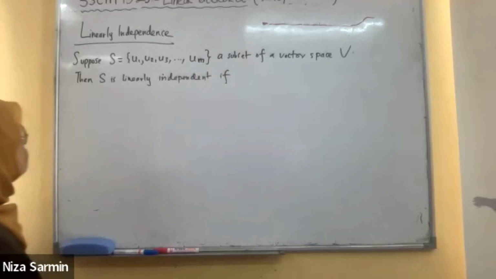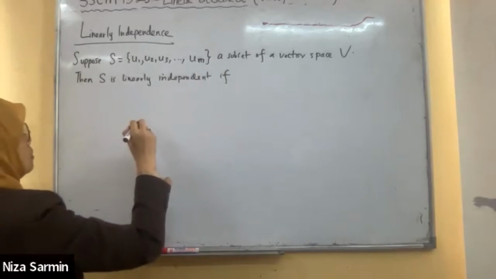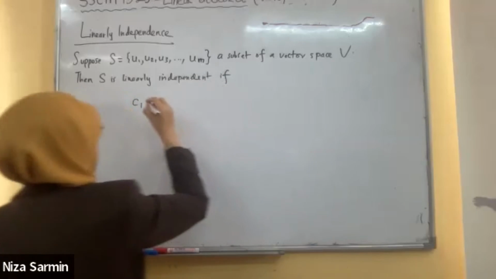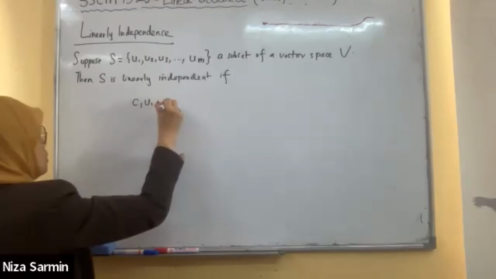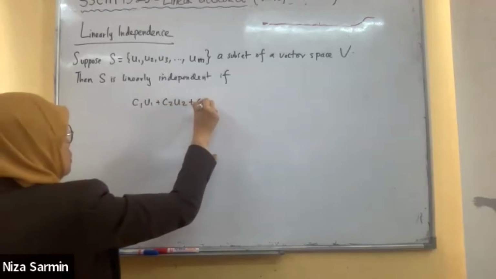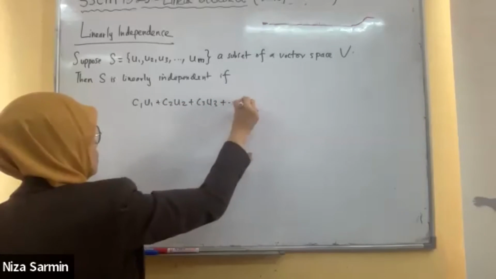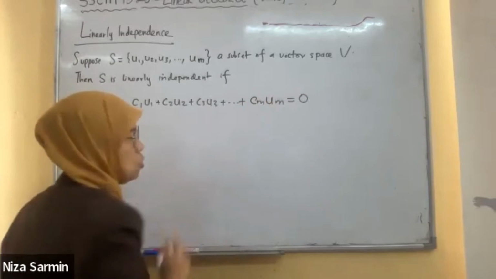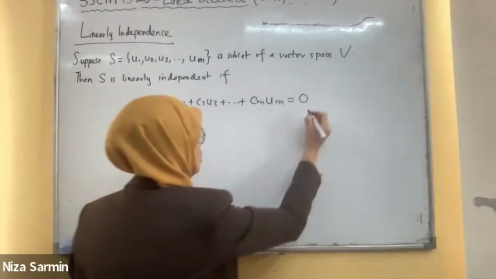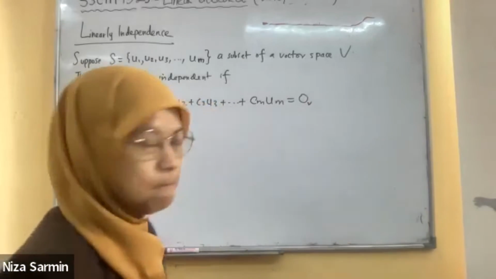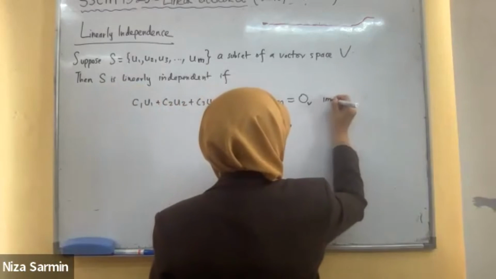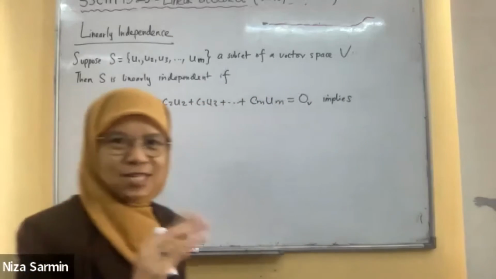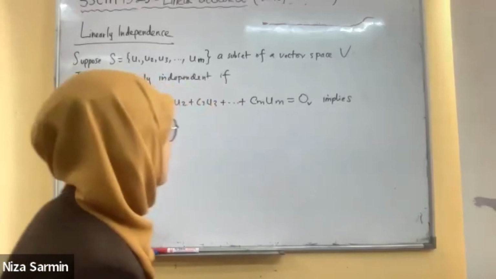if C1U1 plus C2U2 plus C3U3 plus up to CMUM equals 0, but this 0 is the zero vector, implies, you know, all the C's, they are real numbers, yeah?